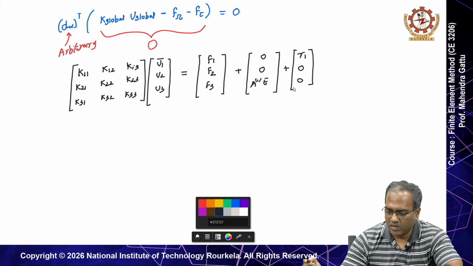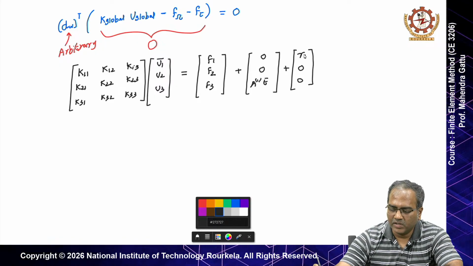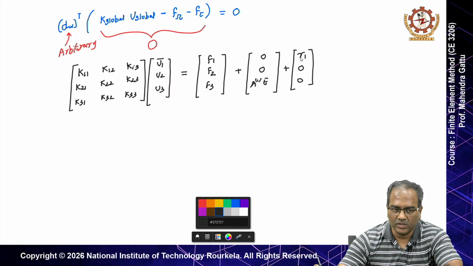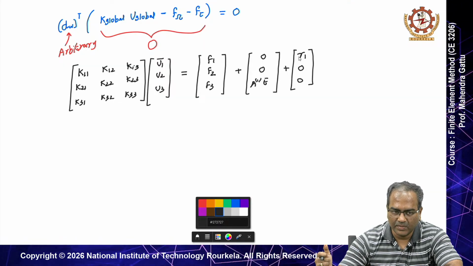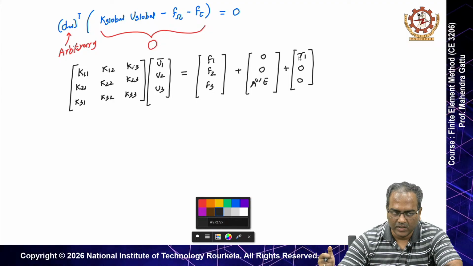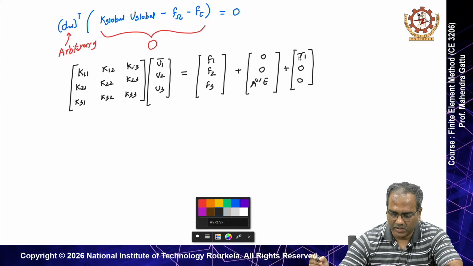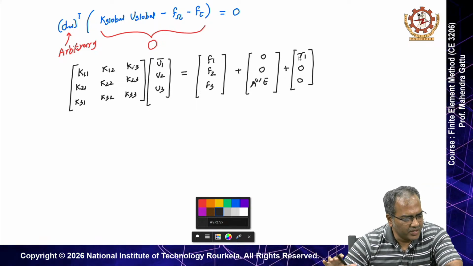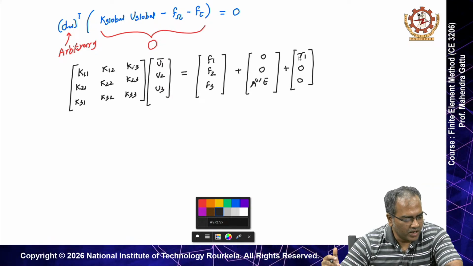So, this is the reaction occurring at node 1, because we are prescribing the essential boundary condition, so there will be some reaction. I think with this information we can go ahead and solve for the unknown values.